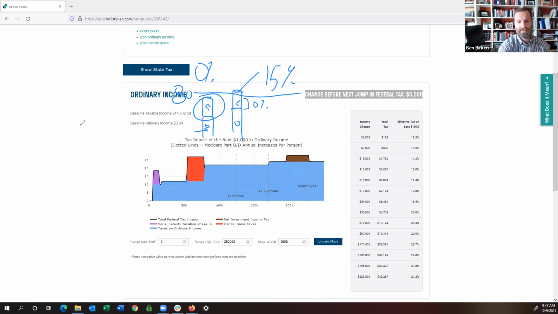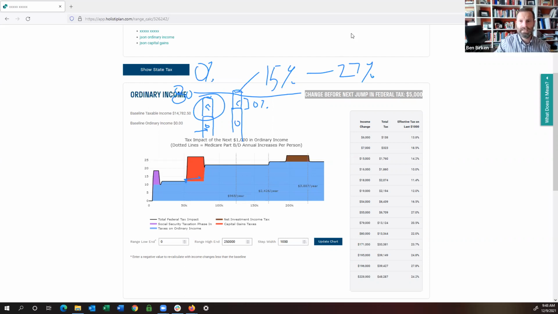What that means is that at this point right here, as you've added ordinary income, yes, you have to pay marginal bracket tax on that ordinary income, but you also have to consider that you've now pushed some capital gains into the 15% bucket. So the effective rate starting here and going this way on ordinary income isn't just the 12% marginal bracket, it's 12 plus 15, it's actually a 27% rate. So it's more expensive than you might have otherwise thought.